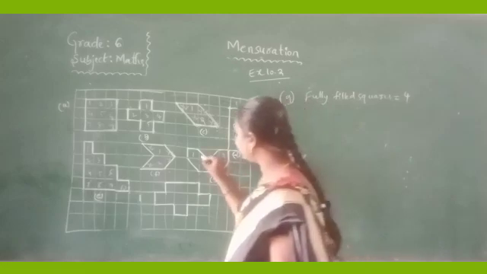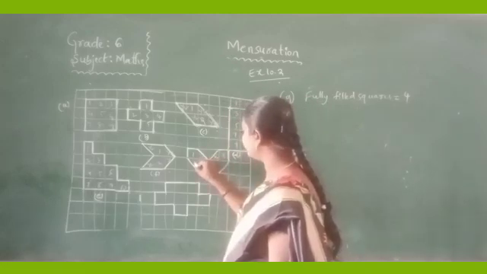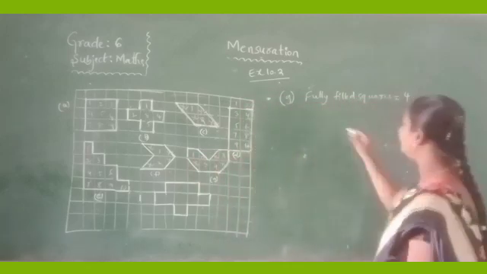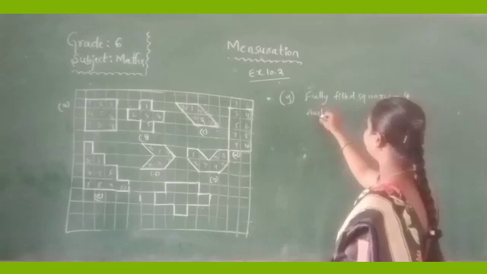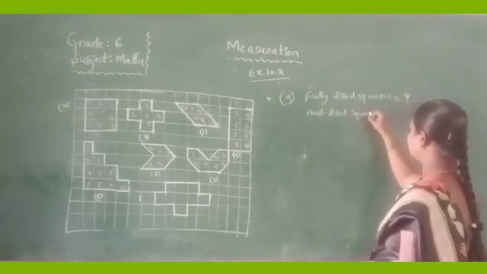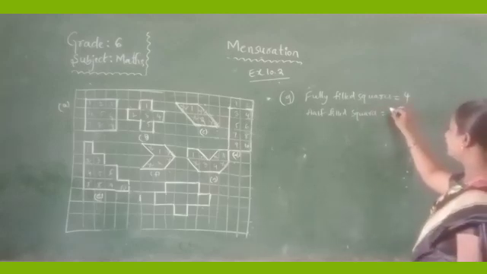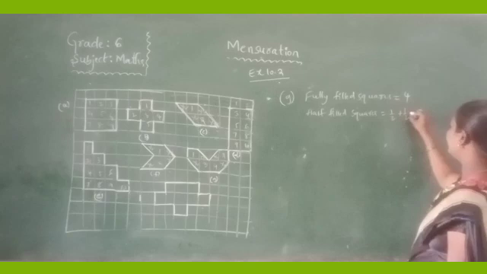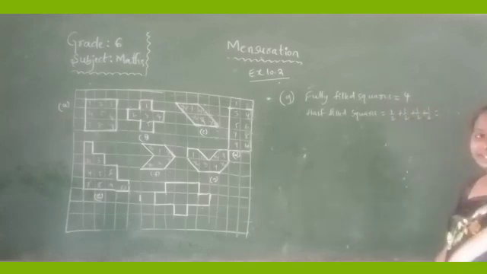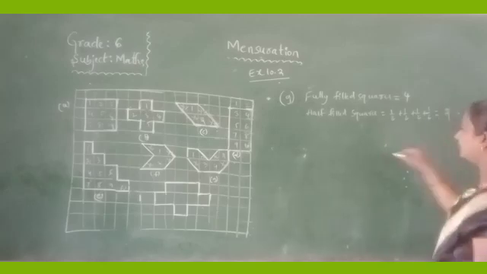Half squares, how many? Count. Here 1, 2, 3, 4. How many? 4. Half filled squares are 4 halves. 1 by 2 plus 1 by 2 plus 1 by 2, or directly write 4 into 1 by 2. You will get 2.